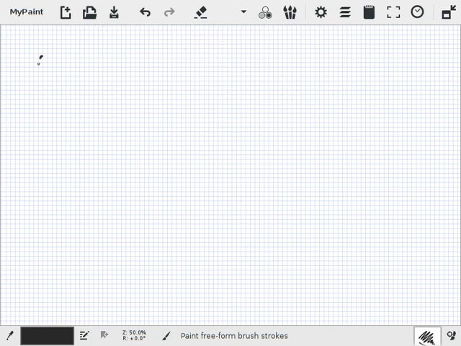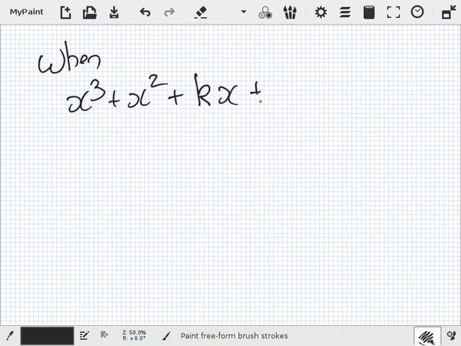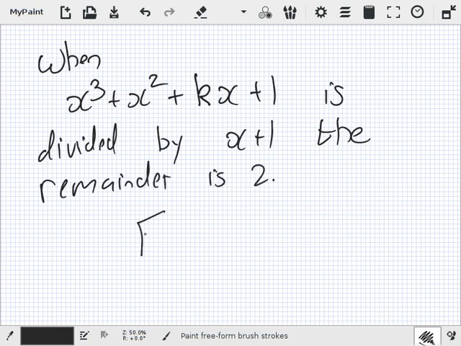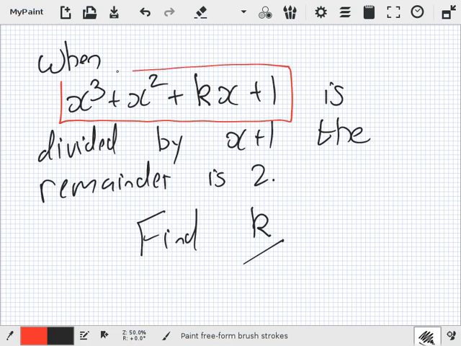When x cubed plus x squared plus kx plus 1 is divided by x plus 1, the remainder is 2. Find k. So in this question, I give you a cubic, but there's something missing in the cubic. This here is missing. We don't know it.